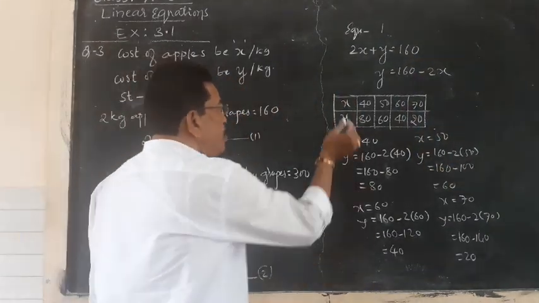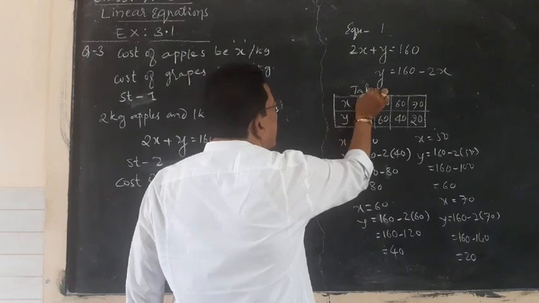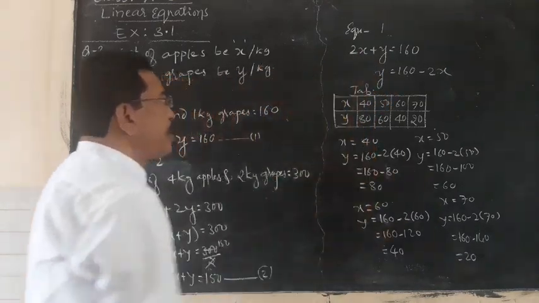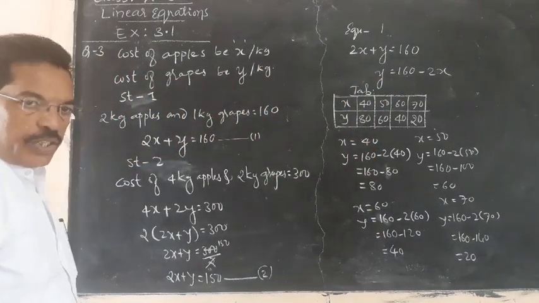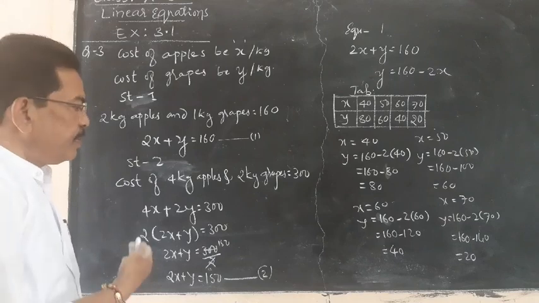This is the tabulation for equation 1, 2x plus y equals 160. Write it down.